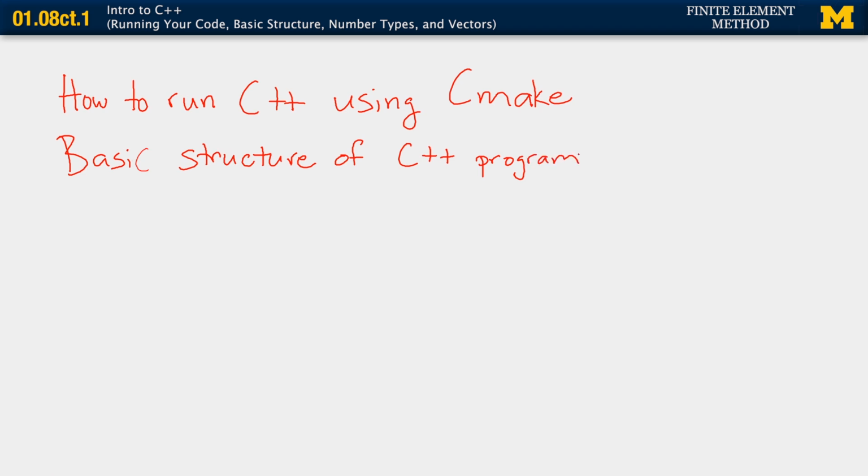And from there, we will move on to talk about a few of the basic number types in C++. And then we'll move on and talk about a C++ vector, a standard vector.